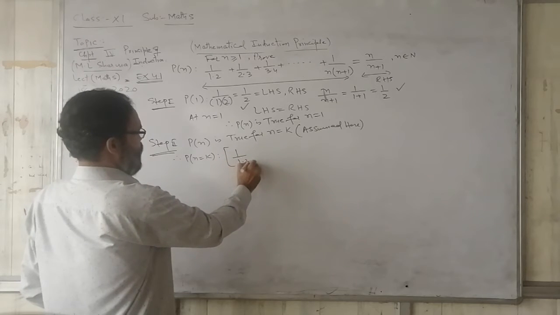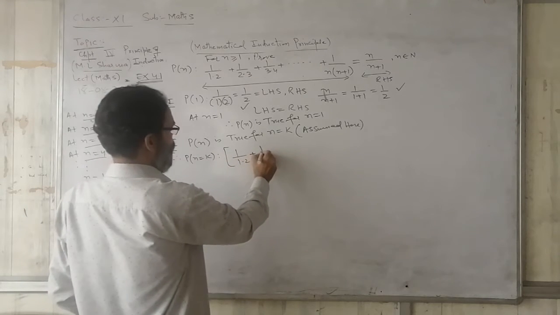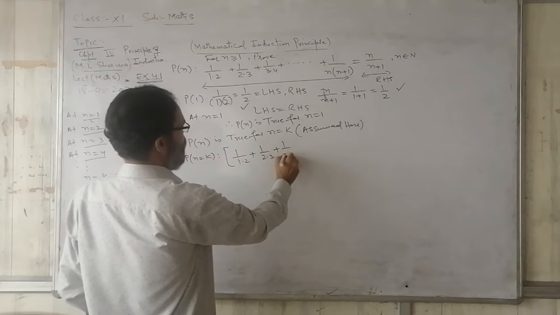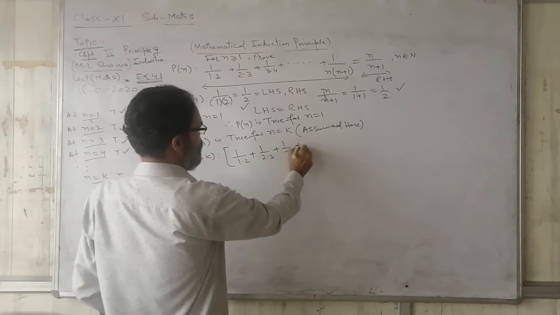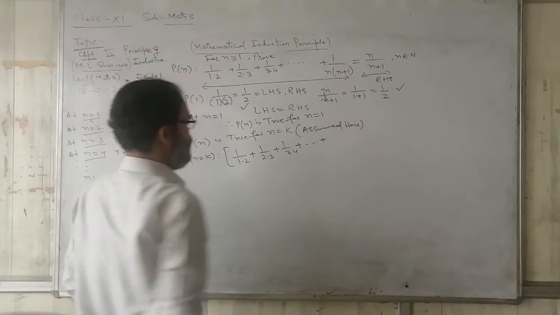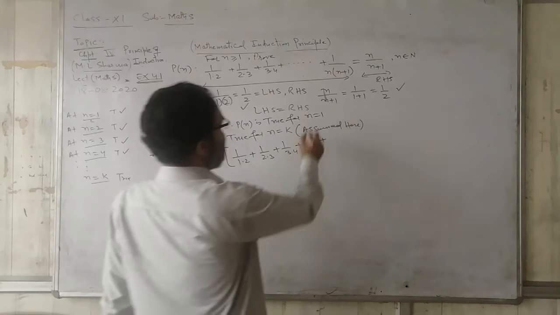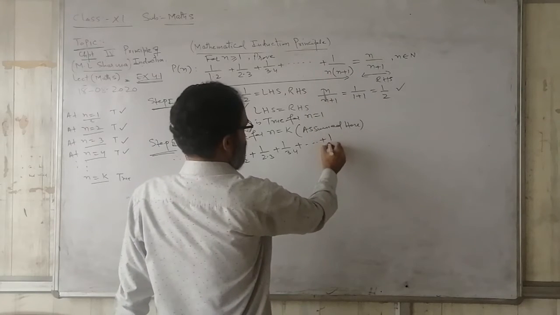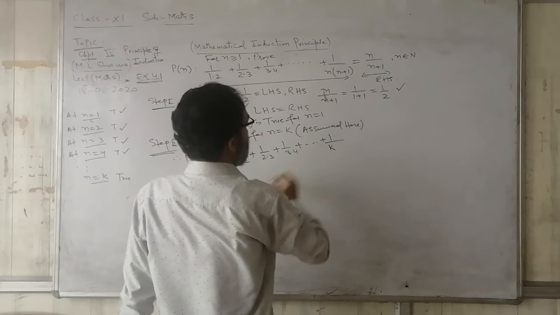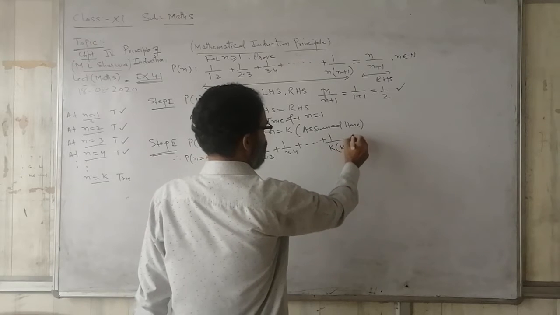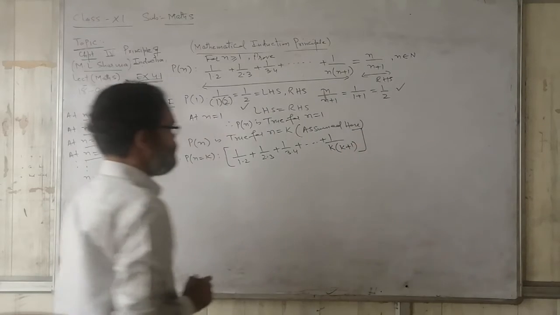1 upon 1 into 2, 1 upon 2 into 3, 1 upon 3 into 4. So this is the statement which is given here. Instead of n, I write k into k plus 1.